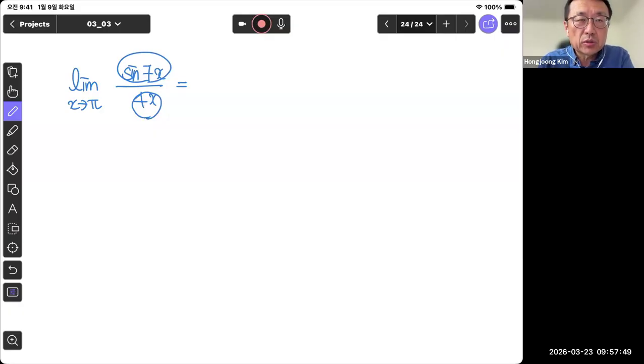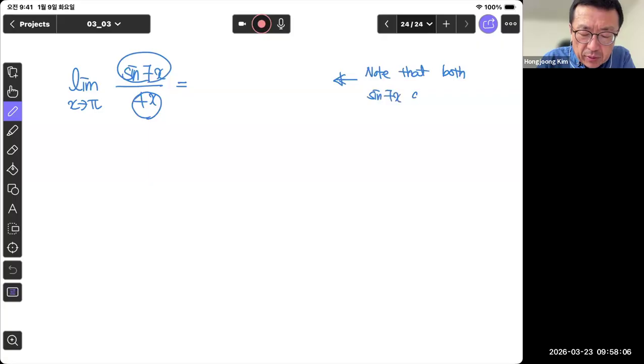And this continuous 4x function in the denominator is not 0 when x is pi. So note that both sine 7x and 4x are continuous, and that this 4x is not 0 at x equals pi.